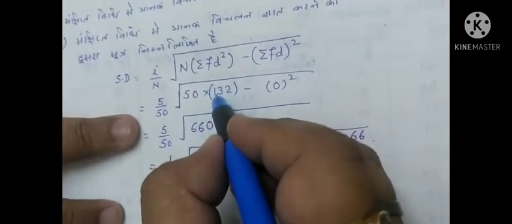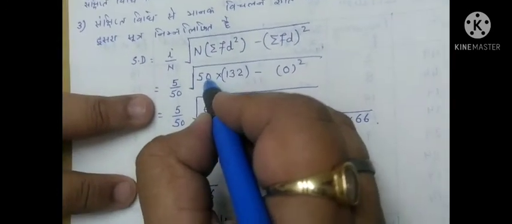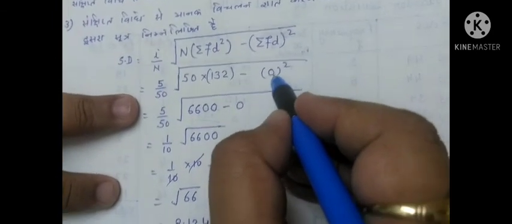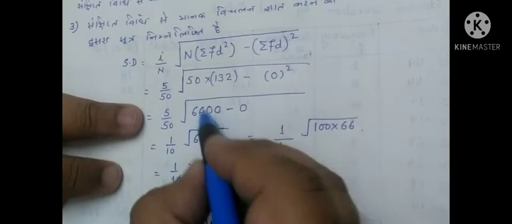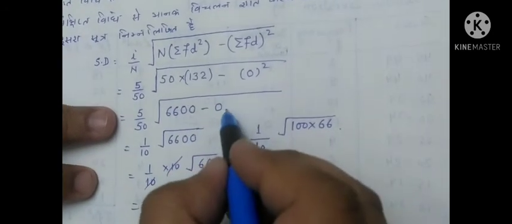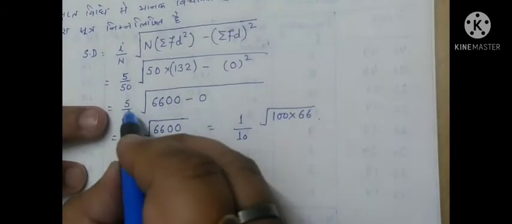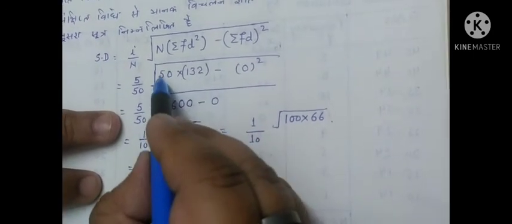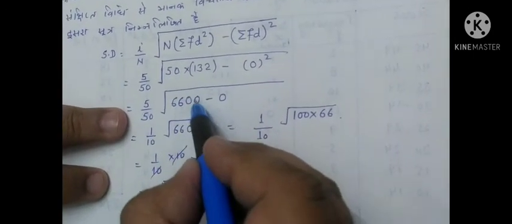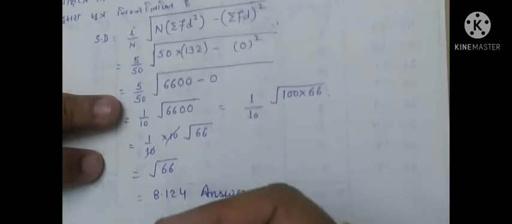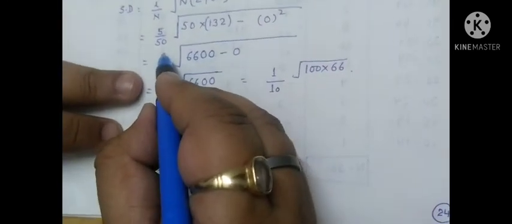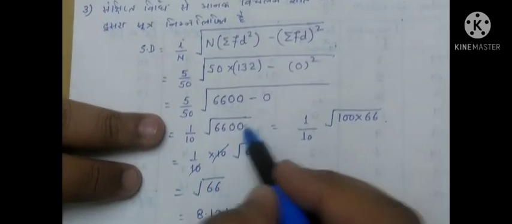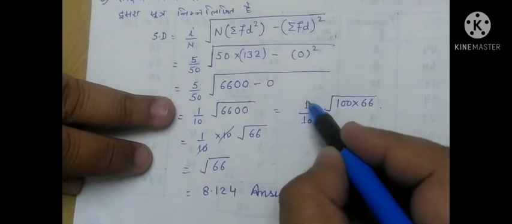So summation fd square is 132, n is 50, i is 5, and summation fd I have calculated is 0. So 50 into 132 minus 0 square is 0. 5 upon 50 gives us 6,600. 50 multiplied by 132. So cancelling 5 upon 50, 1 by 10 within square root 6,600. This is equal to 1 upon 10.